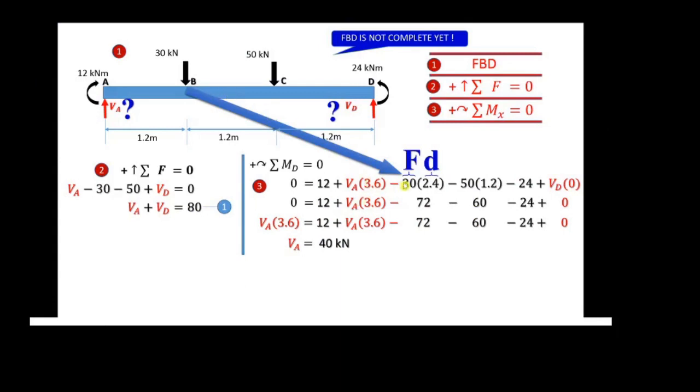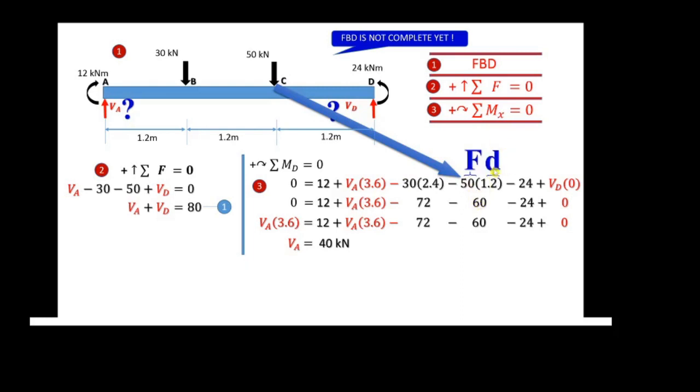So that's why we get a negative sign here. Next, the 50 kilonewton here. We have 50 multiplied with distance 1.2 from point C to point D. We get a negative here, the same condition as the 30 here, because we have a downward direction of force.